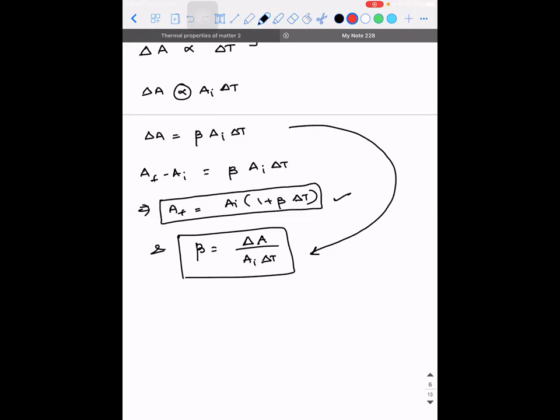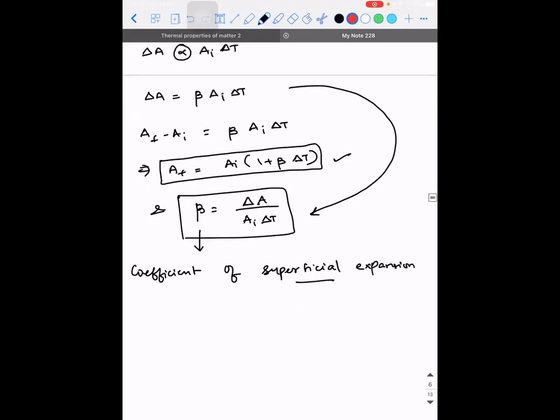Okay. Now, what is this beta called? There, if I call alpha the coefficient of linear expansion, here what should it be called? It should be called the coefficient of, what is the name of this topic? Coefficient of superficial expansion. Yes, it is called the coefficient of superficial expansion.